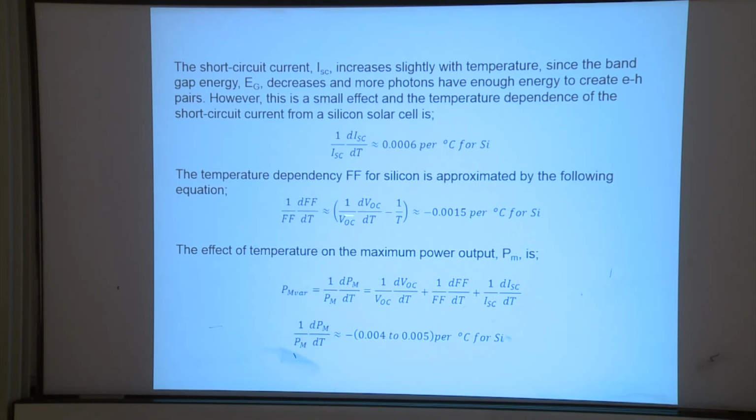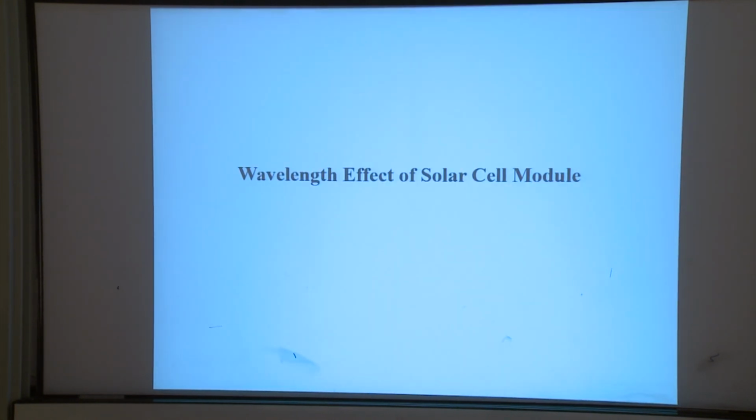And fill factor as well, we can find the temperature effect on fill factor is decreasing because basically because of decreasing VOC. And the power is also decreasing because of majorly by the decrease on voltage. So this will be the negative value.